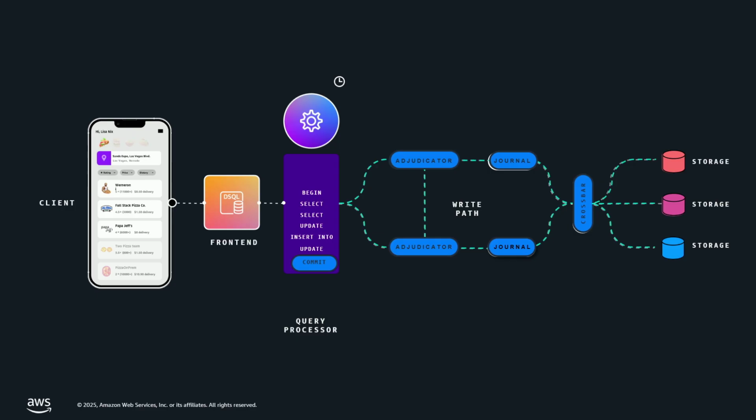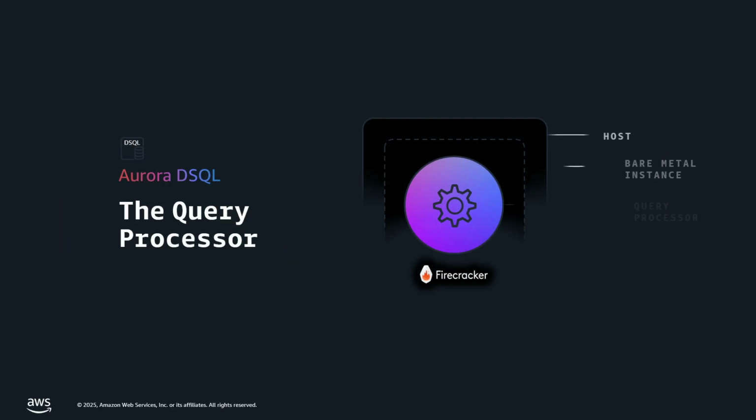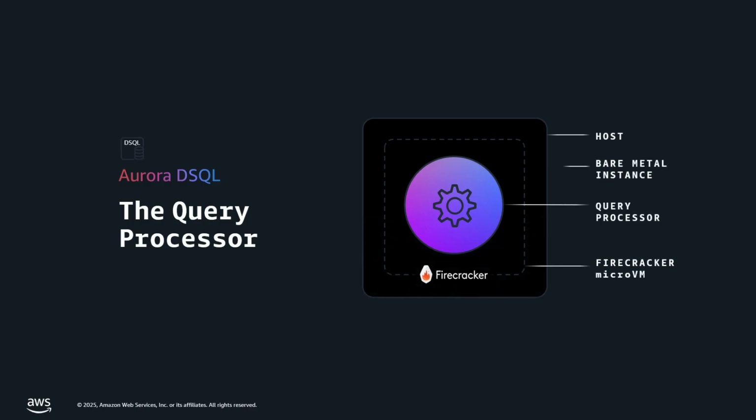It accumulates all the changes within this local memory and waits for the commit. Then when it needs to commit, it follows the writing path and sends the data to the adjudicator to check the full transaction. So as you can see, query processors do a lot of heavy lifting.